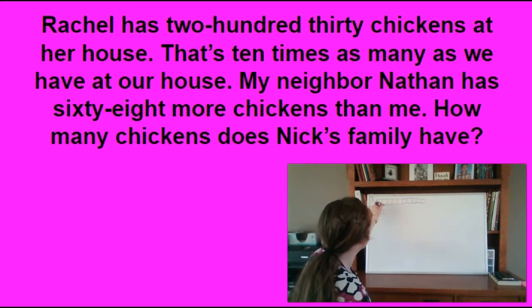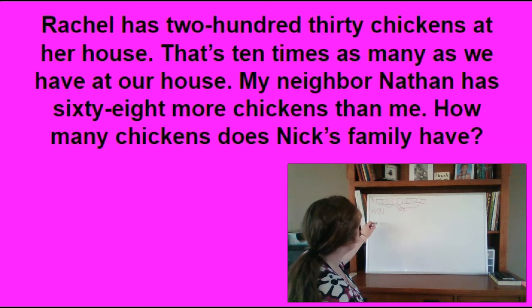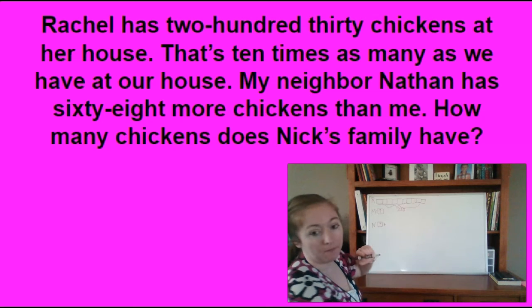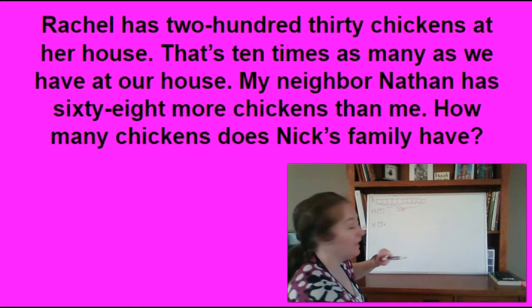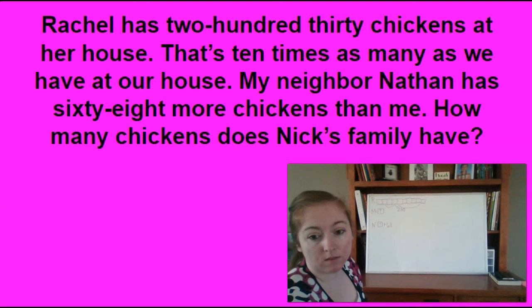And all together, these equal 230. I don't know how much I have yet, and we know that Nathan has my number of chickens plus how many? 68. So I'm going to go ahead and put 68. All right, and I'm going to zoom in on this, sorry, so you can see it.